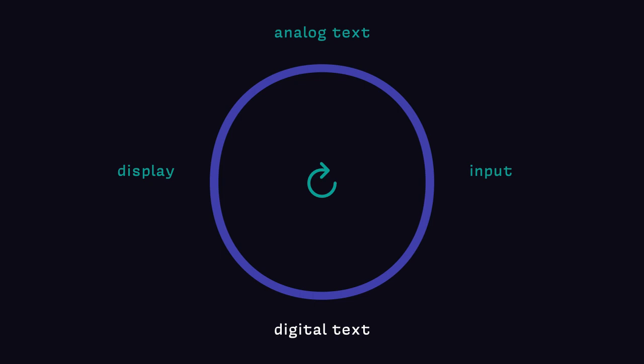With the input, you decide how to input this based on the analog text in your mind or the text you see somewhere and you want to input it. So you can see how this life cycle works in a clockwise way.